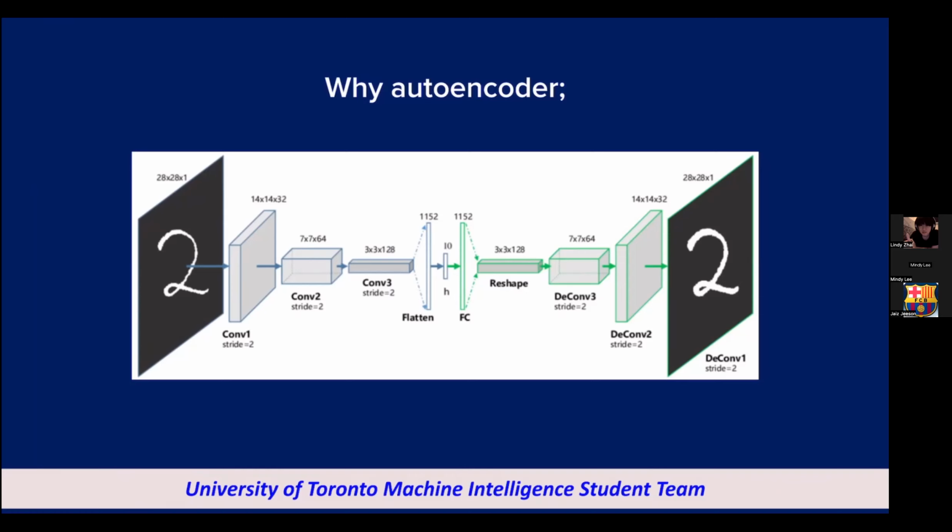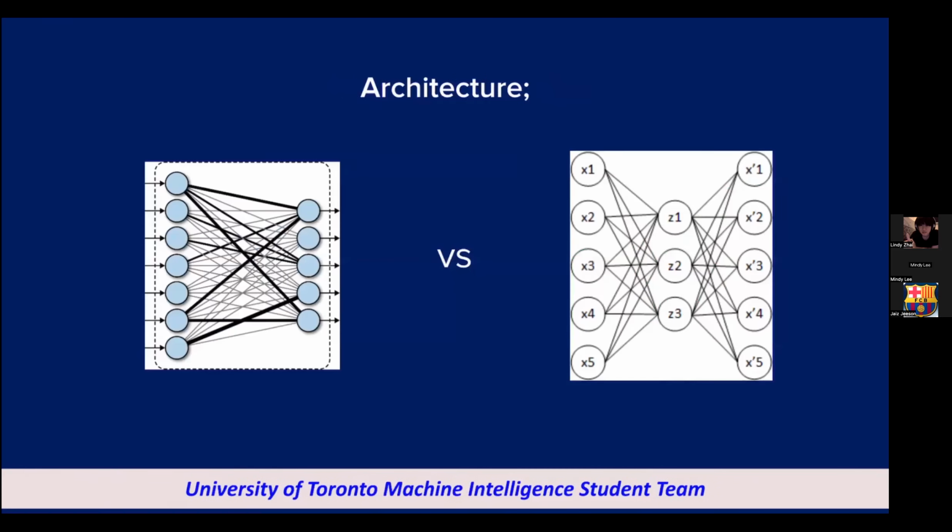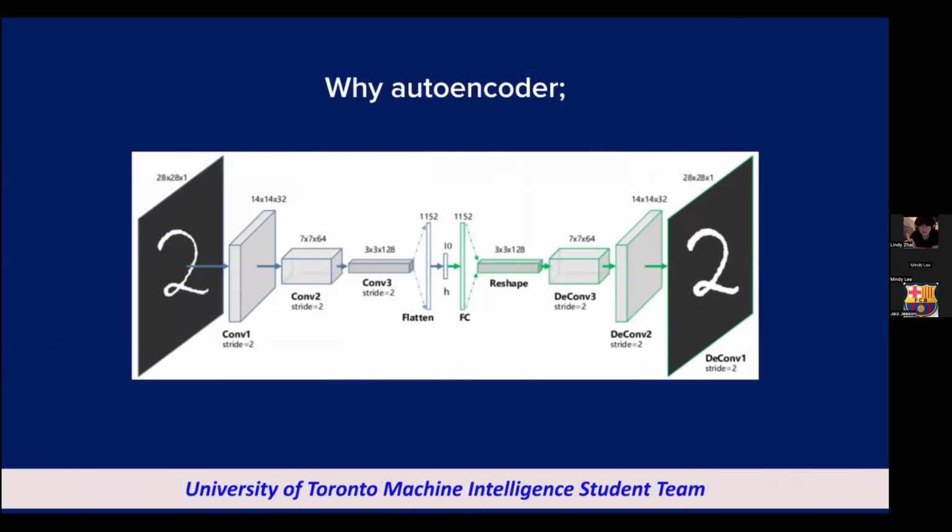So essentially, in the fully connected layer, we're just passing the low dimensional data to every single output neuron. But in the CNN application, we're essentially doing inverse convolution.